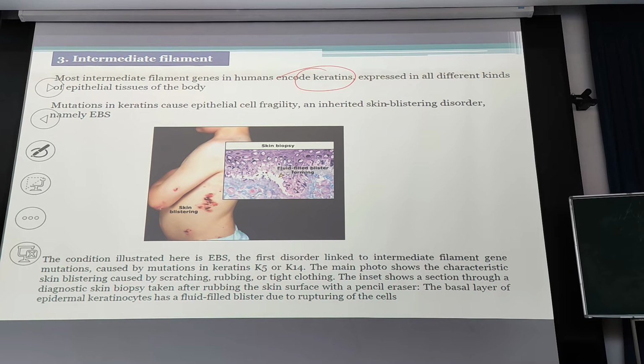So mutation in the keratins, in their folding, is leading to the epithelial cells becoming fragile and an inherited skin blistering disorder called EBS.